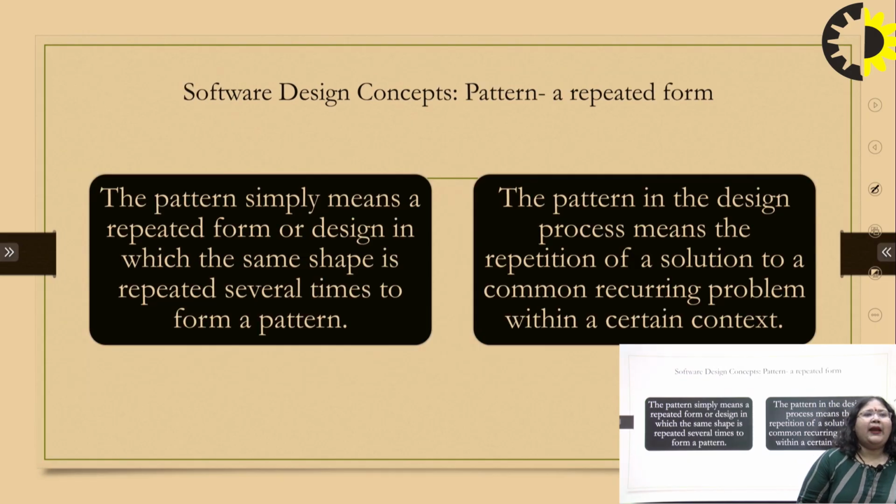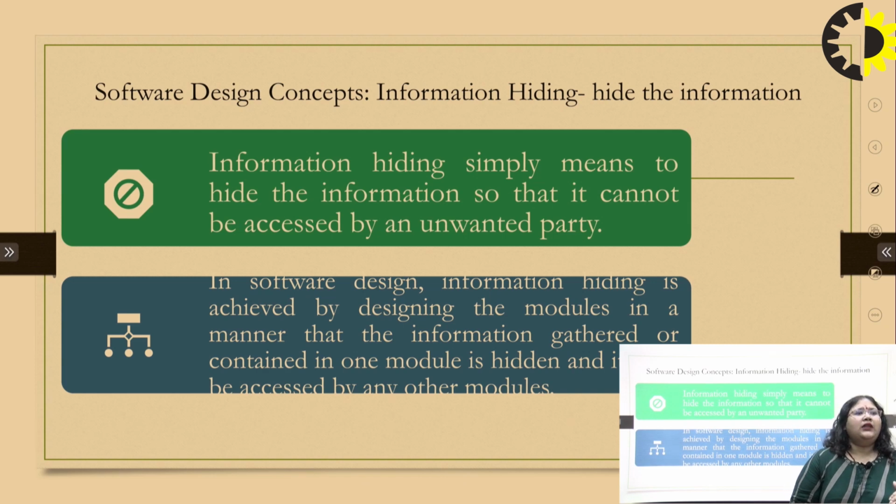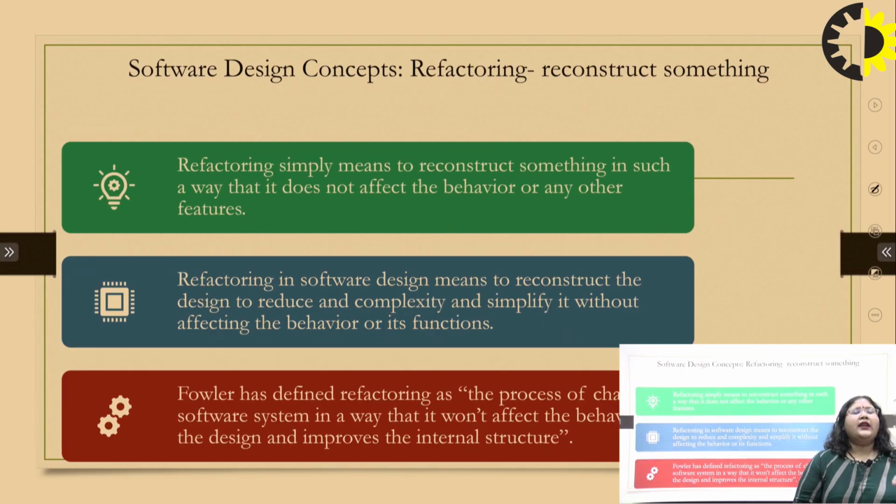Now the next is pattern. Pattern means a repetitive format. Which format do we use for design purposes? Which type of things do we use in the system for defining the good things in the project? These are what we define as the pattern format. Now the next is information hiding, that is hiding the information, which I already explained. Now refactoring.